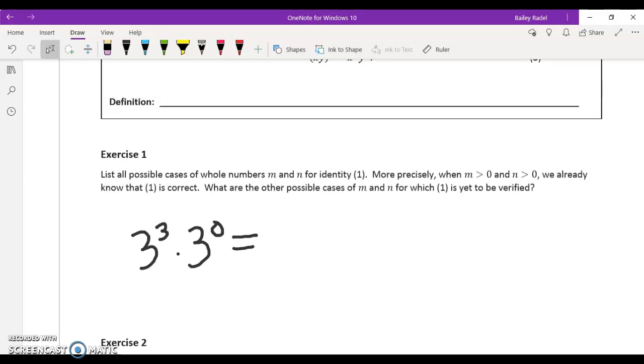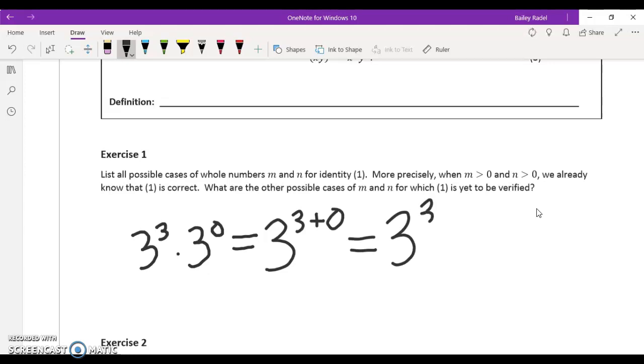Now, if you saw this problem a few days ago, you would say, okay, Mrs. Radel, we are multiplying two bases, so let's add the exponents. So let's do 3 raised to the 3 plus 0. And what is 3 plus 0? It is 3. So we know, based on our other rules, that 3 raised to the 3 times 3 raised to the 0 needs to be equal to 3 raised to the 3.